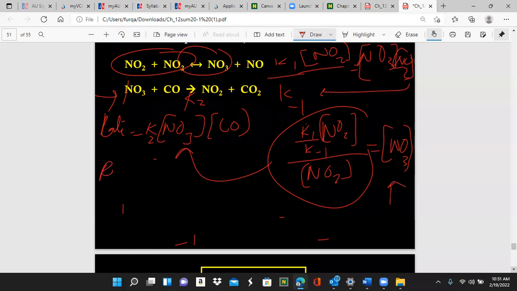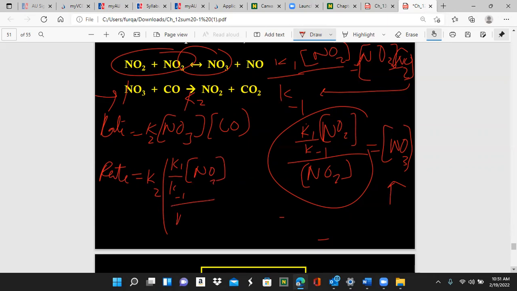So then rate is equal to K2. Then what I'm supposed to put in is, let's make a parenthesis, K1 over K minus 1 and NO2 squared over NO. Let's close this and say CO.